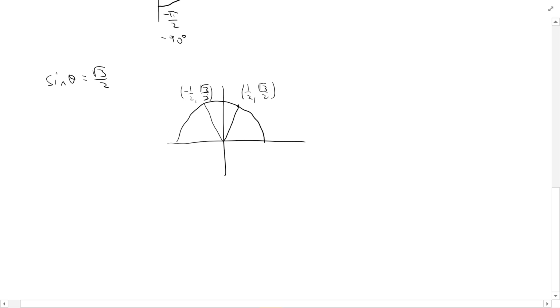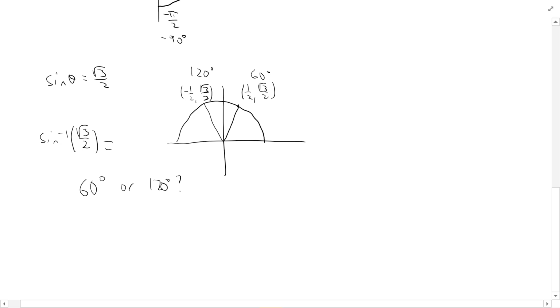So, if I'm talking in degrees, notice that this is 60 degrees and this is 120 degrees. Now, how do I decide whether sine inverse of root 3 over 2 is equal to 60 degrees or is it equal to 120 degrees?